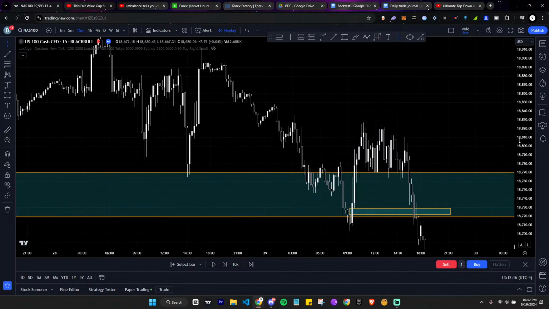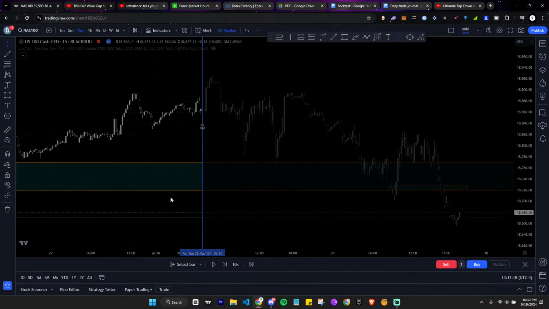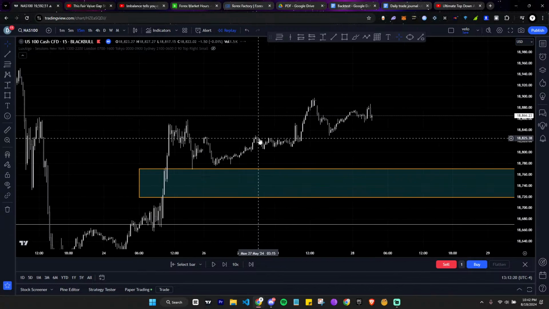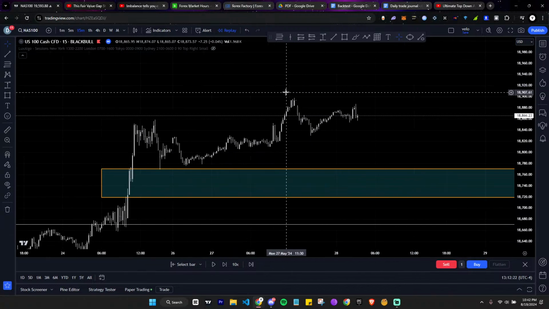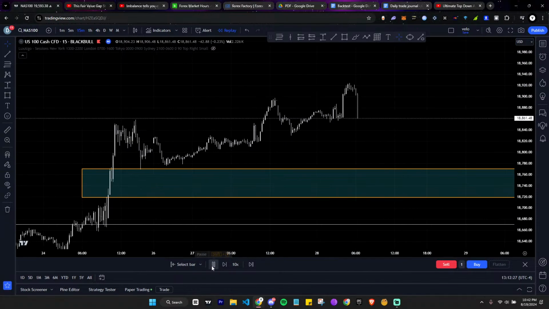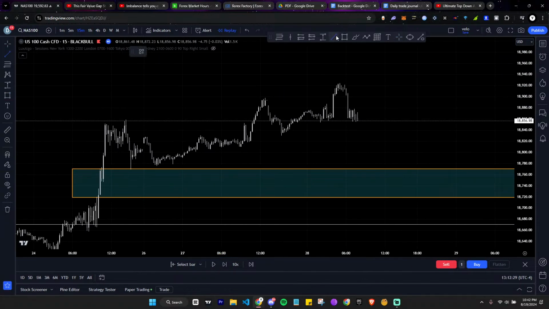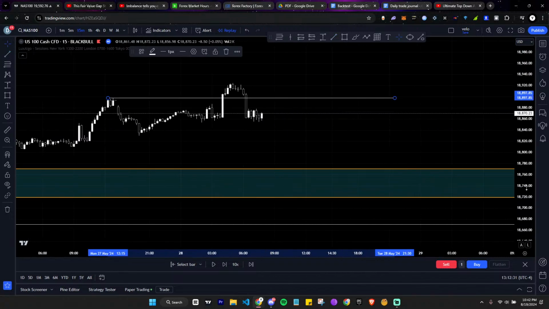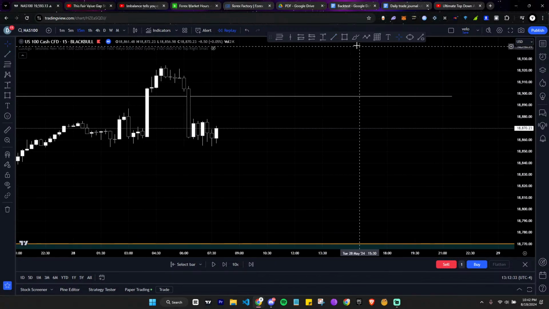So now let's look at just the 15-minute. This is a buy side liquidity draw. Now we seem to be sweeping liquidity. Boom, swept liquidity. In this specific trend, we swept liquidity. Seems like we have a fair value gap here.